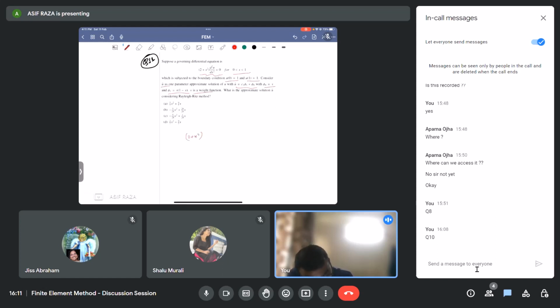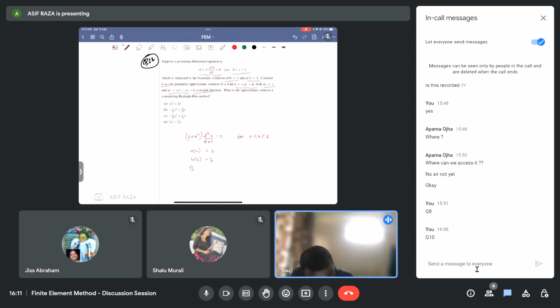So we are given the differential equation as this, for domain 0 to 1, with boundary conditions u of 0 equal to 1 and u of 1 equal to 1.